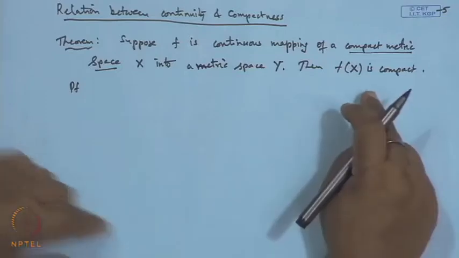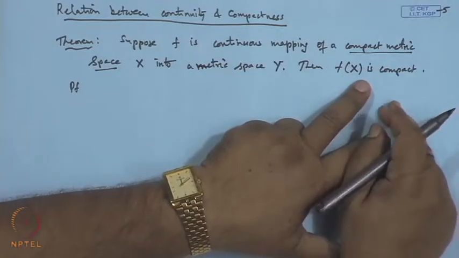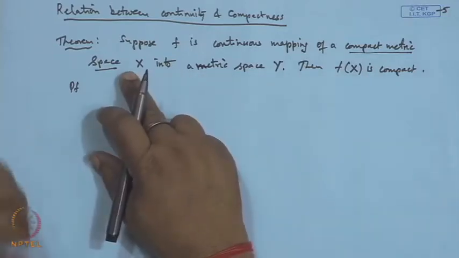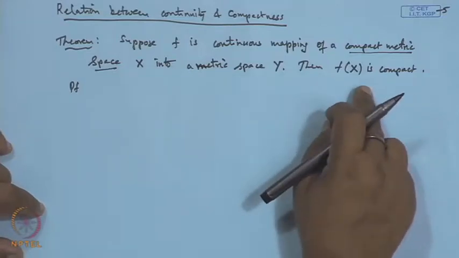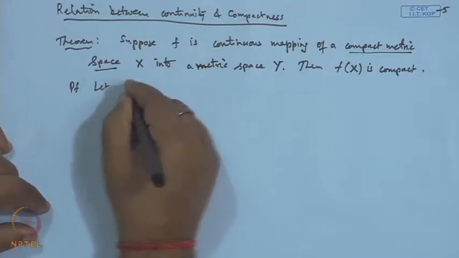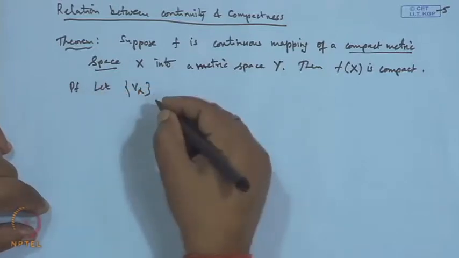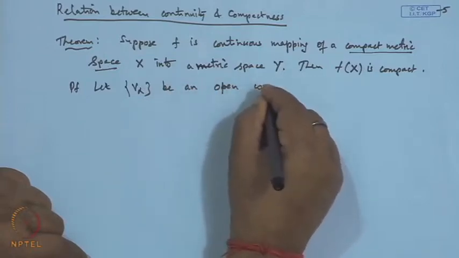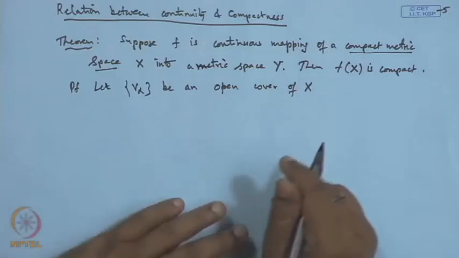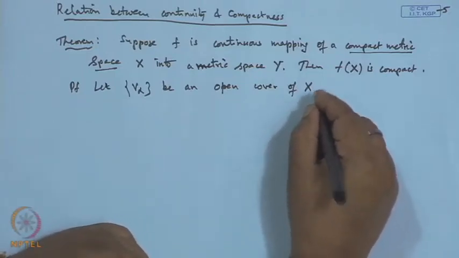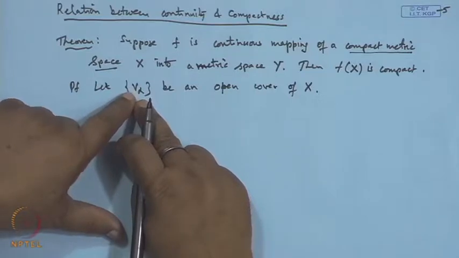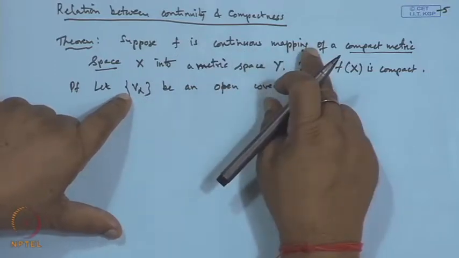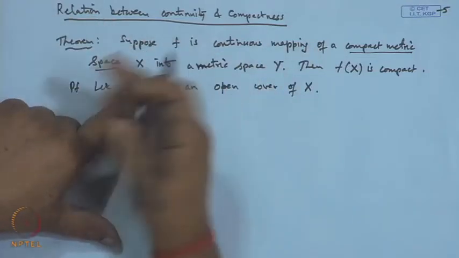Okay. So, in order to show it is a compact set, what we want to prove is that every open cover of this has a finite subcover, and it is already given X is compact. So, with the help of this we will establish this result. Let us suppose V alpha be an open cover of X. Now, once it is an open cover, each V alpha, where alpha is in the index set, is an open set, and since f is continuous, by the previous result the inverse image of the open set must be open.